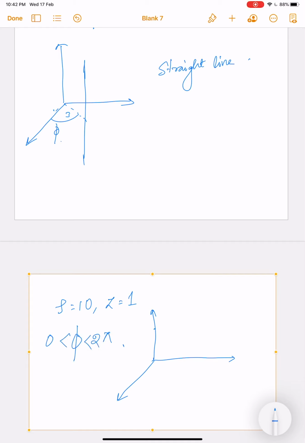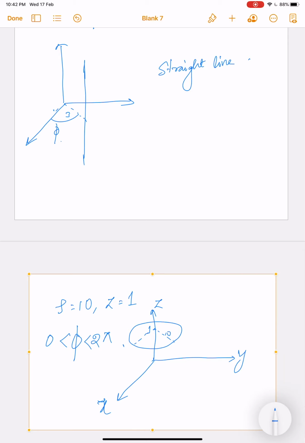So basically, suppose z is 1 over here, and from here I draw a rho like this, it's 10, and from 10 I'll just go around it like this.